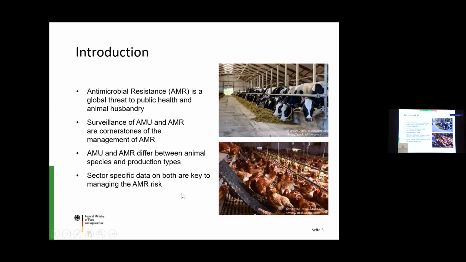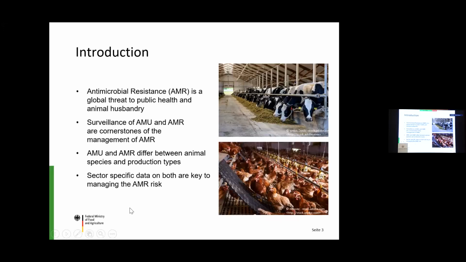We need to collect data on antimicrobial resistance, and the main driver of antimicrobial resistance is antimicrobial use. Therefore, we need to collate data on these two factors.